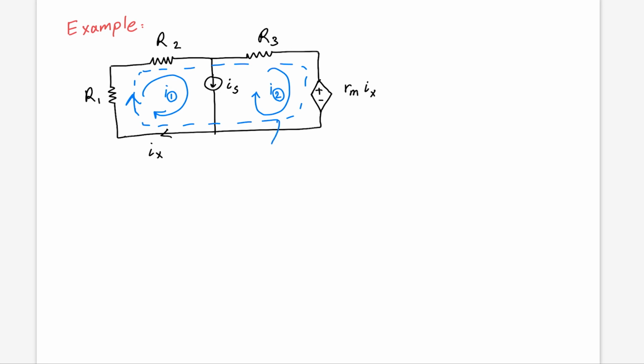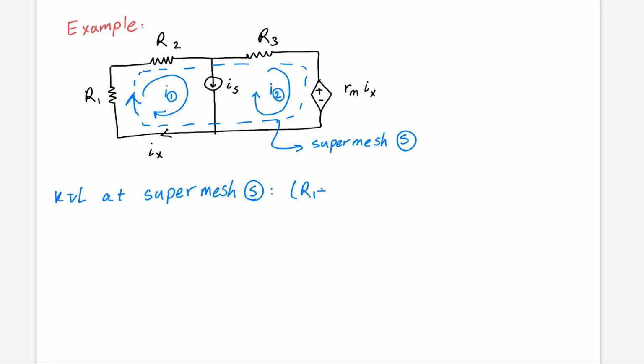So we can call it supermesh S, and we will write KVL for supermesh S. So KVL at supermesh S will be, okay, R1 and R2 are in series, so the voltage across them will be R1 plus R2 times I1.